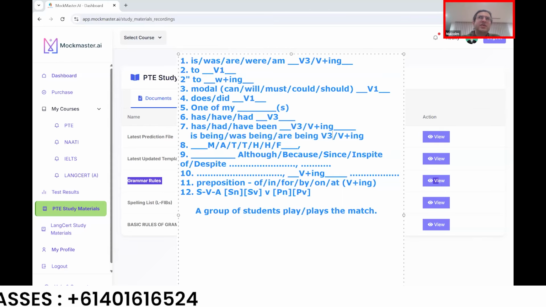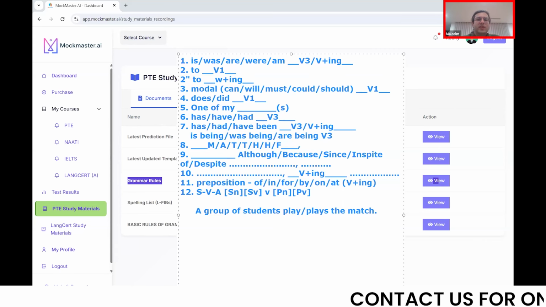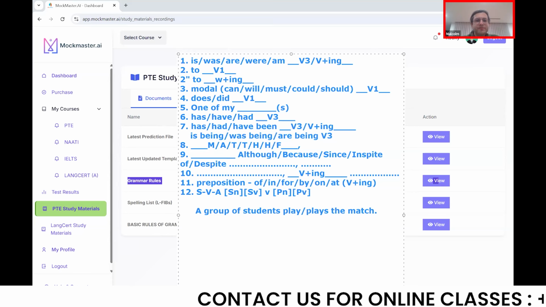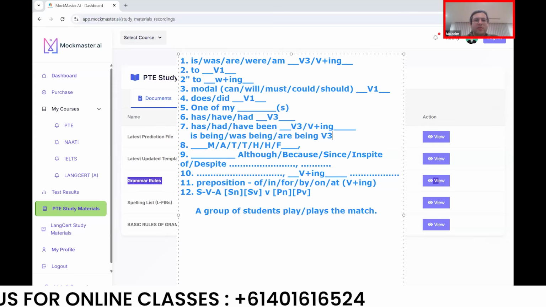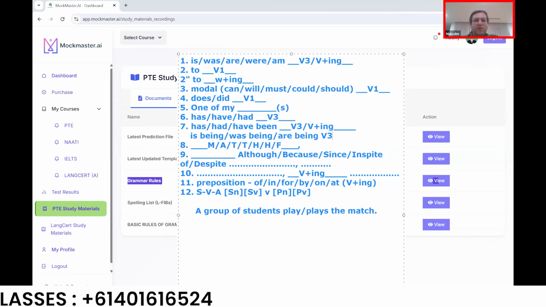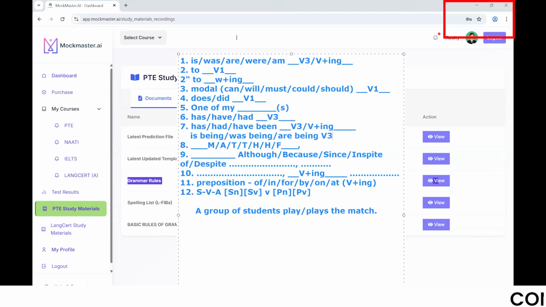So ing will not come generally. It will be V3, most of the time.